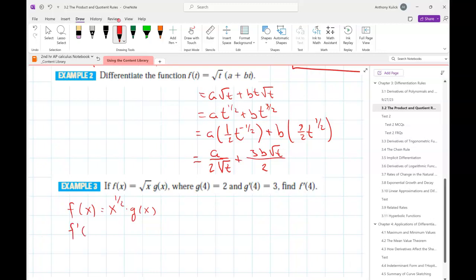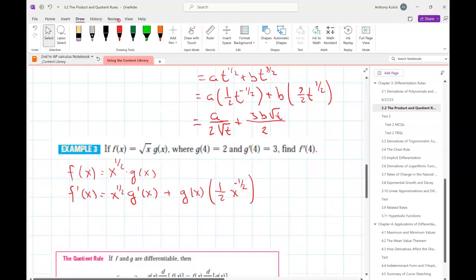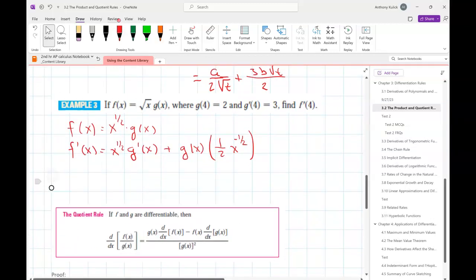And I'll do the derivative of f. So that's going to be f of x times the derivative of g plus g of x times the derivative of f. Oops, negative half. So far, so good? Absolutely. Sure.